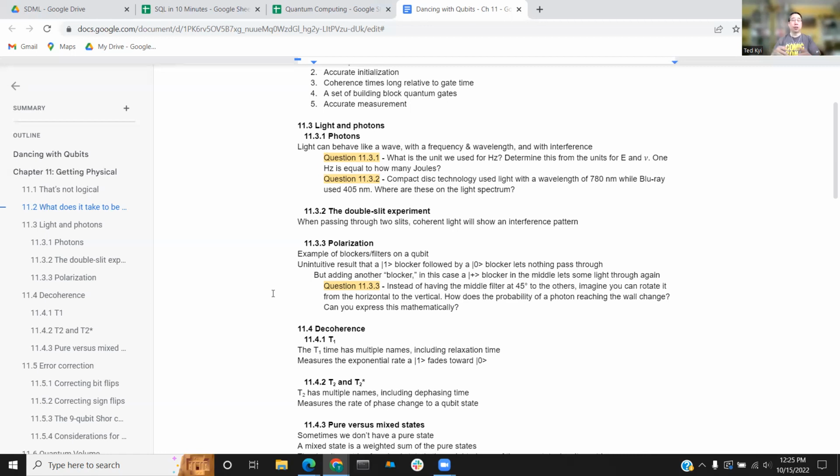And so what the author doesn't really say is, so therefore you could use the polarization of a photon as a qubit, and it would store one qubit worth of quantum information.